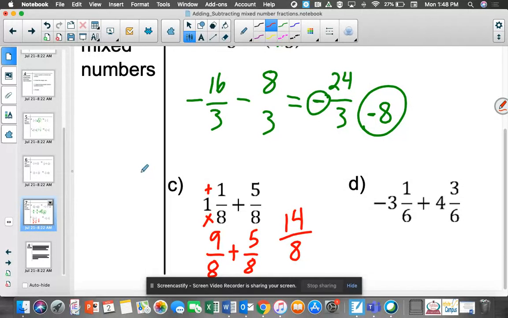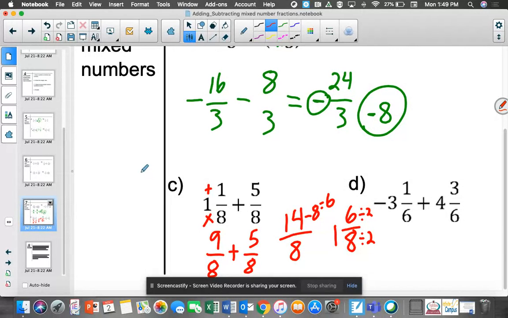So now to change back to a mixed number, 8 only goes into 14 one time. So that means I have to take 8 out of 14, and you get 6. So 6 over 8. So 1 and 6/8. Next, I have to simplify. So 2 actually goes into both 6 and 8, so I have to divide both numbers by 2.